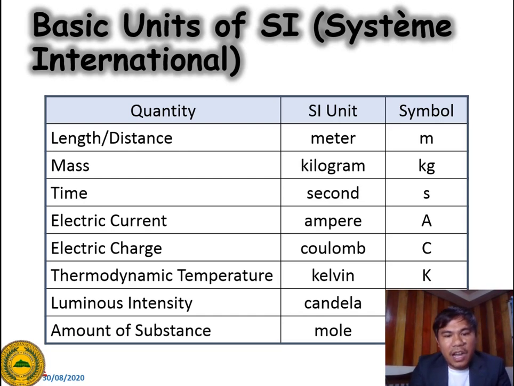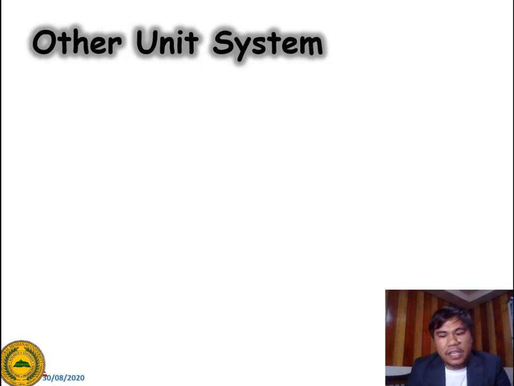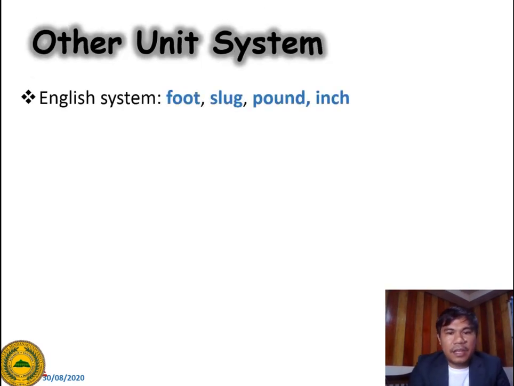And for electric charge, the unit used is the coulomb, denoted by capital C. For the other type of units, we have the English system with the following examples: the inch, the pound, the foot, fortnight, slugs.